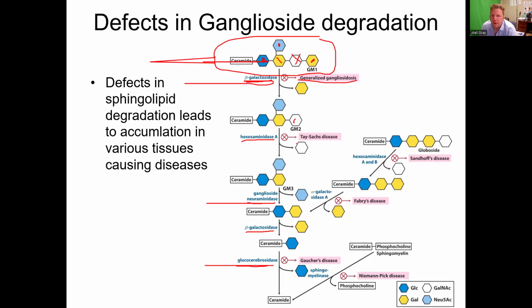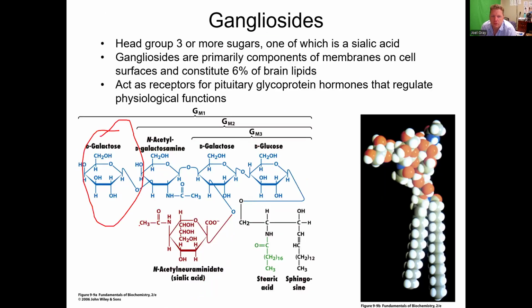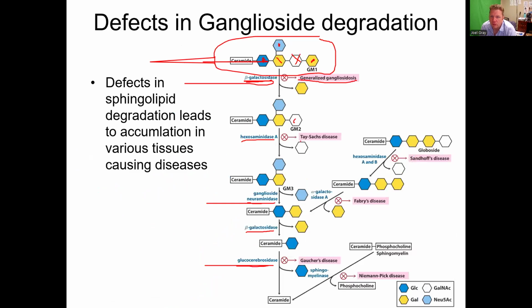Now, in the event that somebody has a functional beta-galactosidase but a non-functional hexosaminidase A, this is gone, but this will remain. And that's going to lead to the development of the disease known as Tay-Sachs disease.